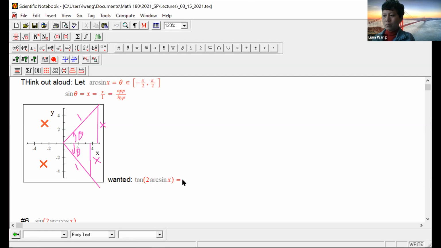And that's the tangent of 2 times theta. And then you look at the diagram, there's no formula there. What do you do? You derive it.